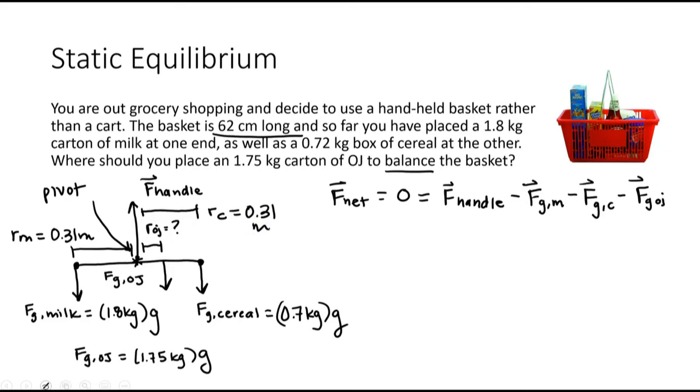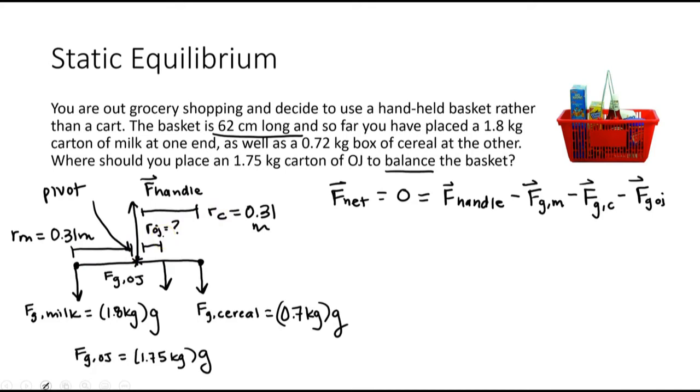Last thing we want to think about are all of our angles. So what are all of the angles between R and F? Here we have a nice situation. All of our forces are directly downwards, in the negative Y direction. All of our lever arms are in the X direction. The lever arm for the milk is in the negative X direction. The lever arms for the orange juice and the cereal are both in the positive X direction.